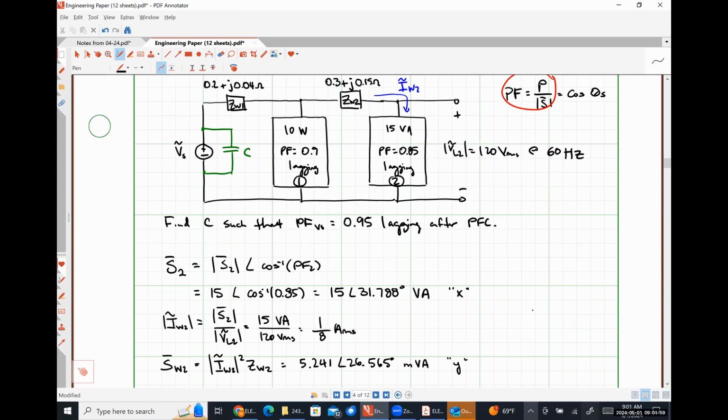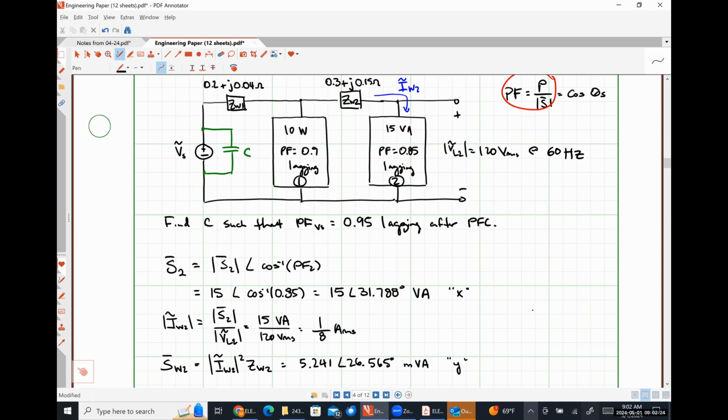We have calculated the complex power absorbed by load 1, complex power absorbed by load 2, and the complex power absorbed by impedance ZW2. Finding the complex power absorbed by impedance ZW1 is more difficult because we weren't given any information about the current that flows through load 1 or the voltage drop across load 1, right?